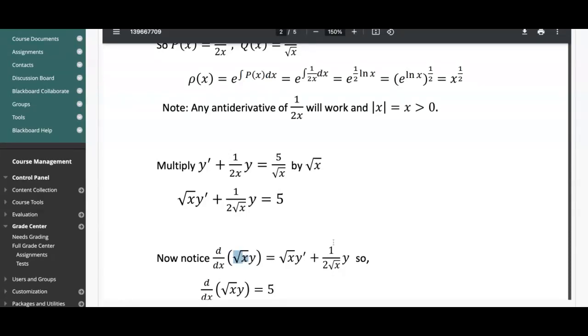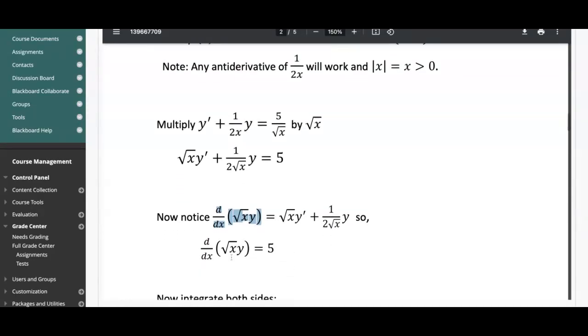Differentiate square root of x, we get this term. Differentiate y, multiply by square root of x, we get this term. So by implicit differentiation, we differentiate the x term and y term simultaneously. So the left-hand side is just this. That's the miracle part. Then that equals 5.